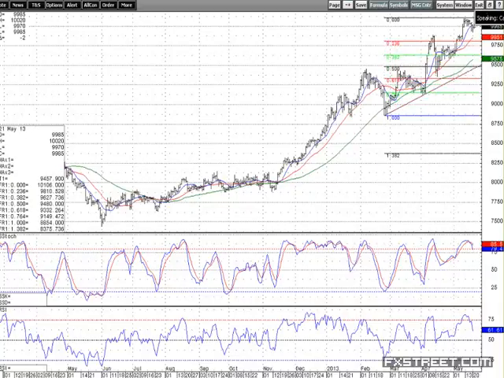There we go. You can see quite clearly that the stochastics and even the RSI are looking for the market to come lower. So you'll be very careful, and you're selling up around here. If not, you sell up to here, that moving average, okay?